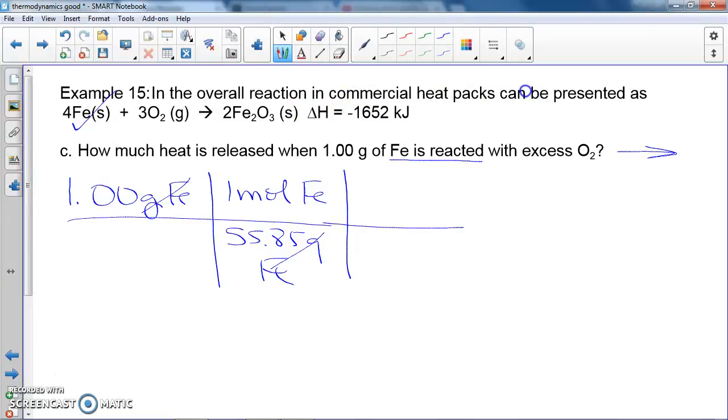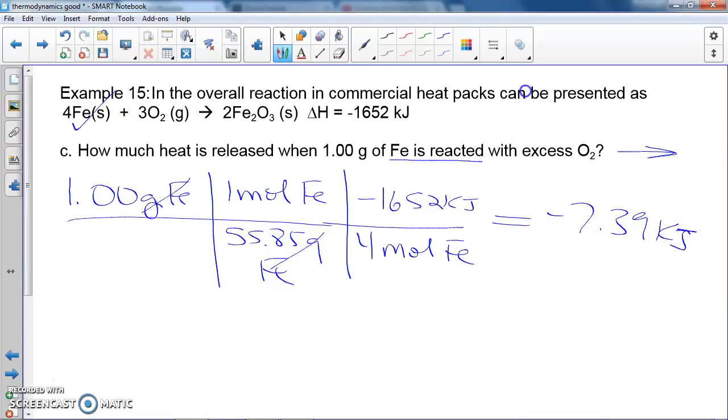I did that, and now I know from my balanced equation 4 moles of iron equals negative 1,652 kilojoules, because it's in the forward direction. And then I know the answer here is negative 7.39 kilojoules.